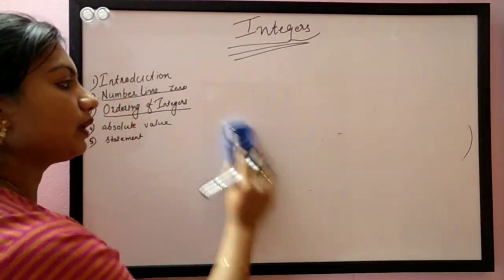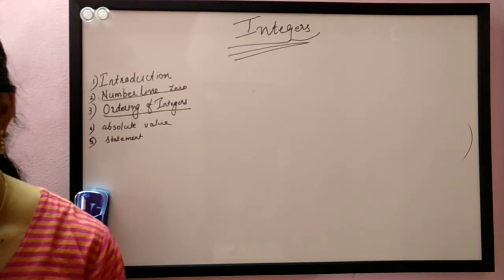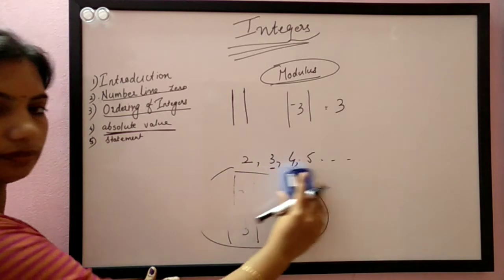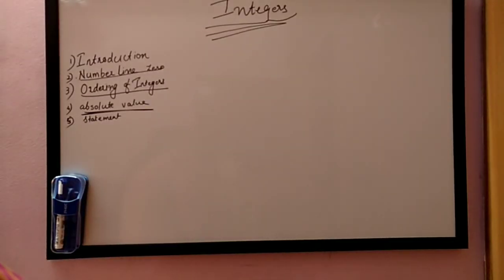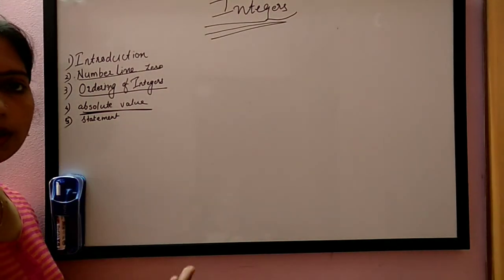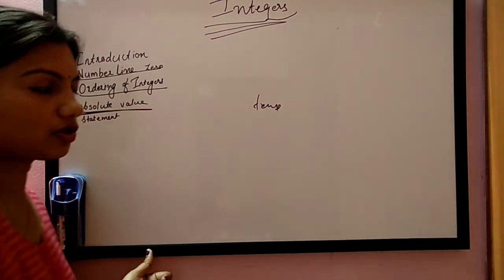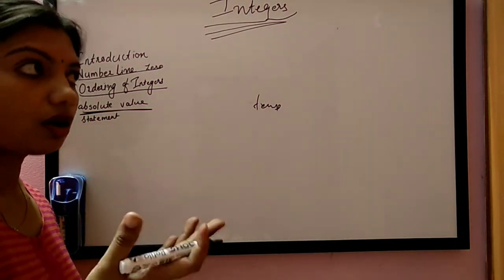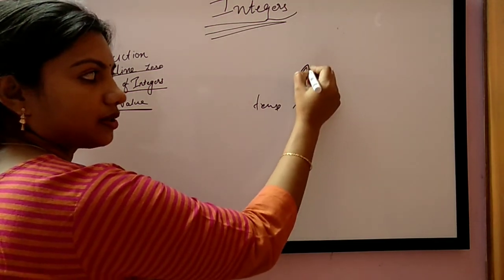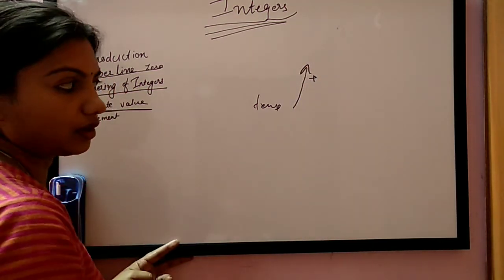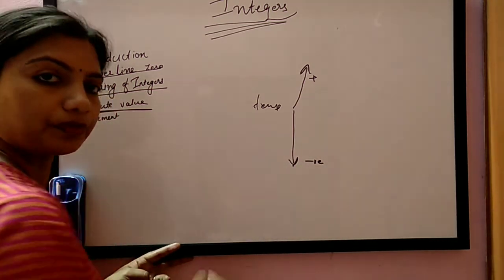Now we will go to the absolute value. The next statement I'll talk about is temperature. The temperature increases or decreases sometimes. When the temperature increases, we take it as positive. When the temperature decreases, take it as negative.